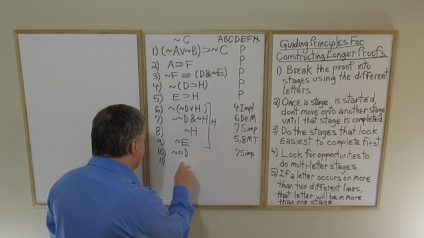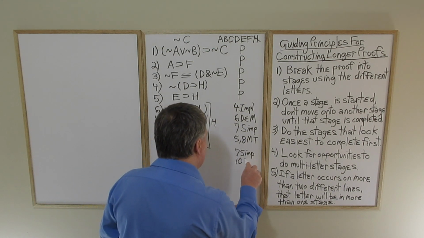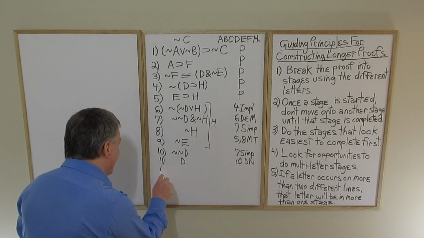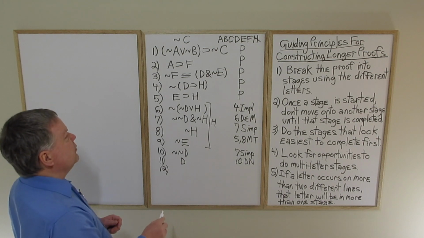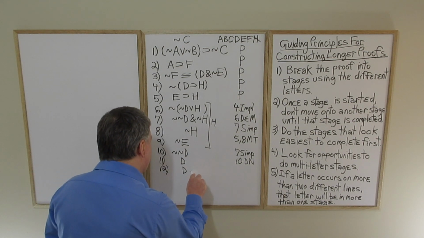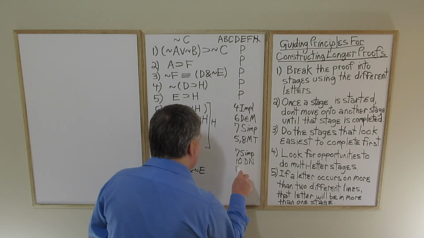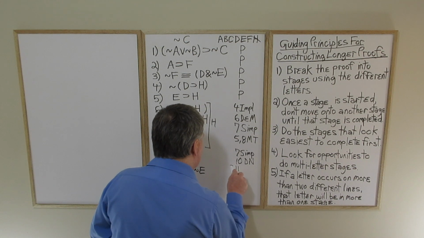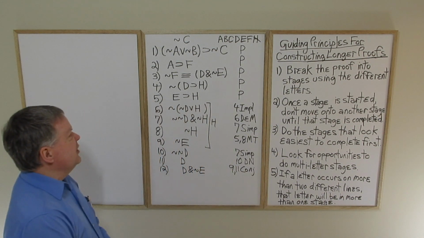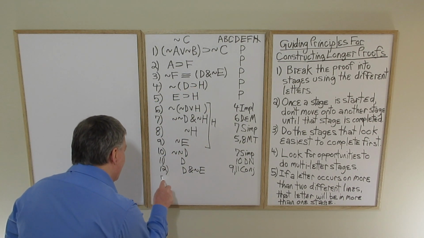What we do need to do, though, is a little neatening up. 10 double negation will give us D, so that we can now do a conjunction 11 and 9 to give us D and tilde E. This will be one side of the biconditional.